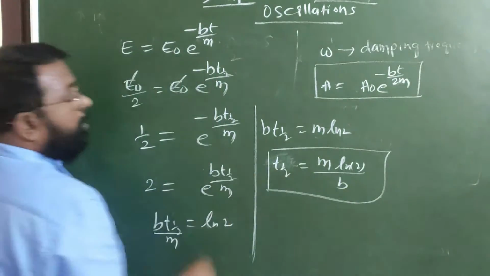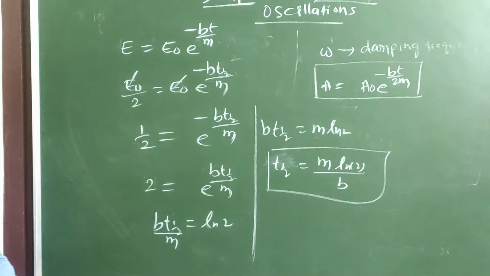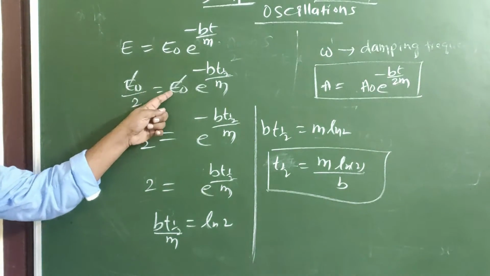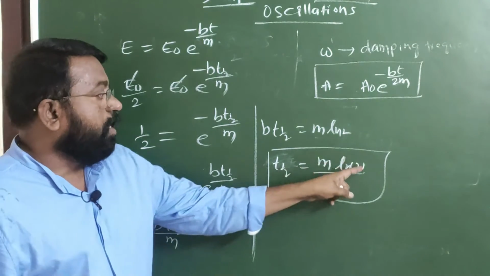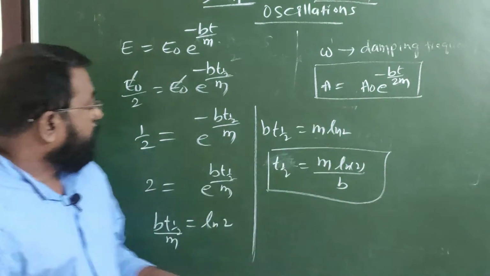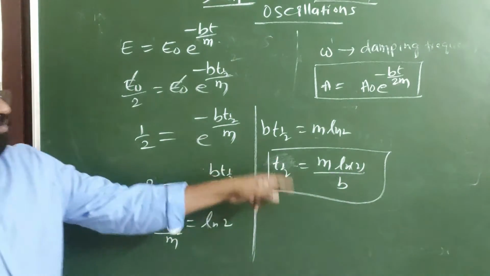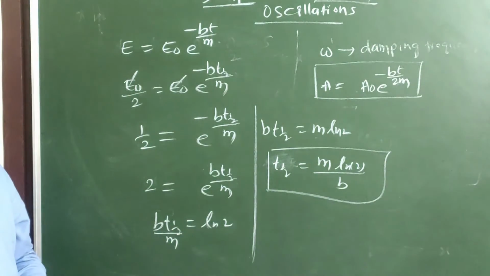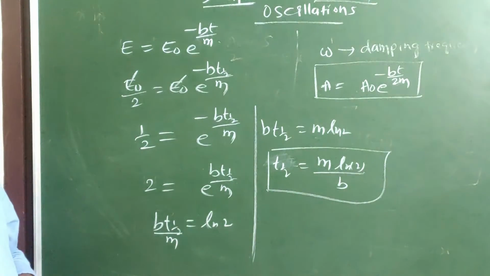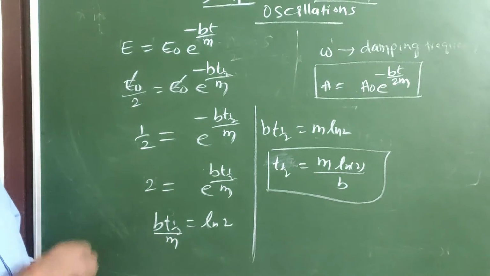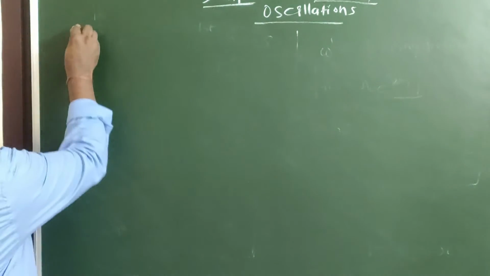This is the time taken to decrease the energy to half of the initial value, that is t half, m into ln 2 by b. In the before case that was 2m by b, therefore this is the time taken for the energy to become half of the initial value, and the amplitude also becomes half of the initial value. This is about damped oscillations.